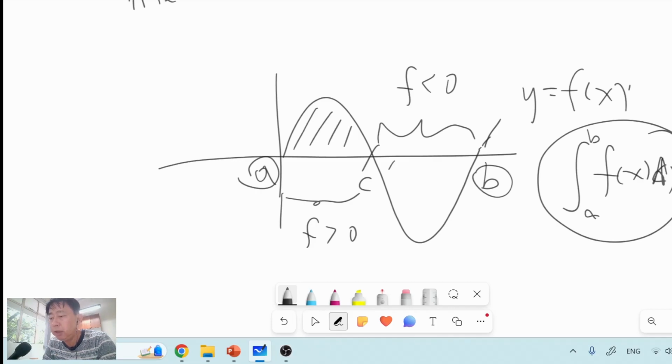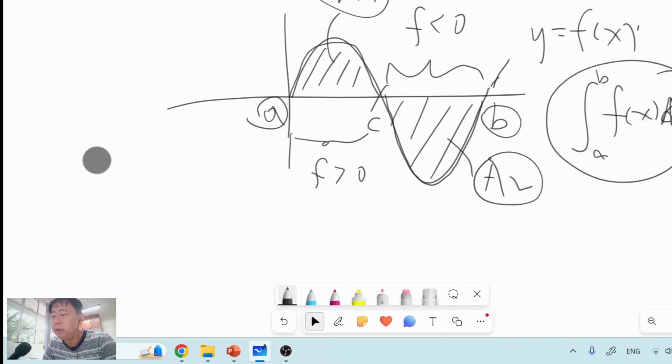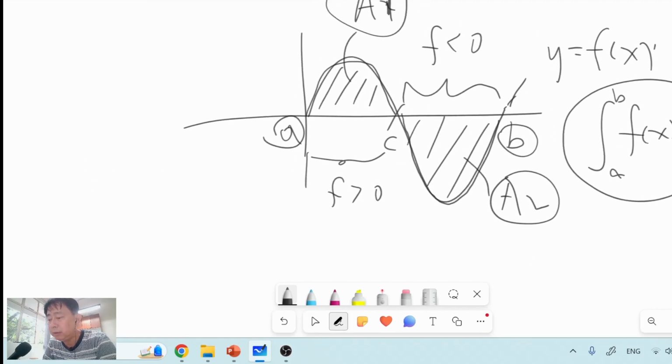In this case, you have to separate the area into A1 and A2. Here A1 and A2 are separately defined: the area of the curve in the region A and C, and the area of the curve between C and B. A1 is usual, since A1 is defined for the function that is positive.